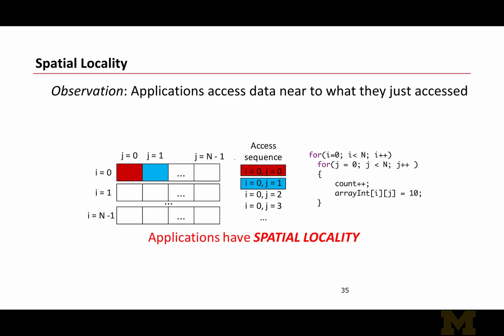The whole cache block, which had 4 data elements including the blue element, was brought into the cache. So in this example, I would incur only 1 cache miss for 4 data elements, and the remaining 3 would be hits. And the reason those 3 are hits is due to spatial locality.